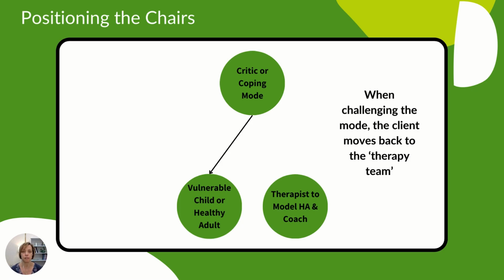And so we ask the client to move back to the chair next to you, and then together you can challenge the critic mode or the coping mode chair, and that distance makes it much easier for a coping mode to be challenged without creating defensiveness.